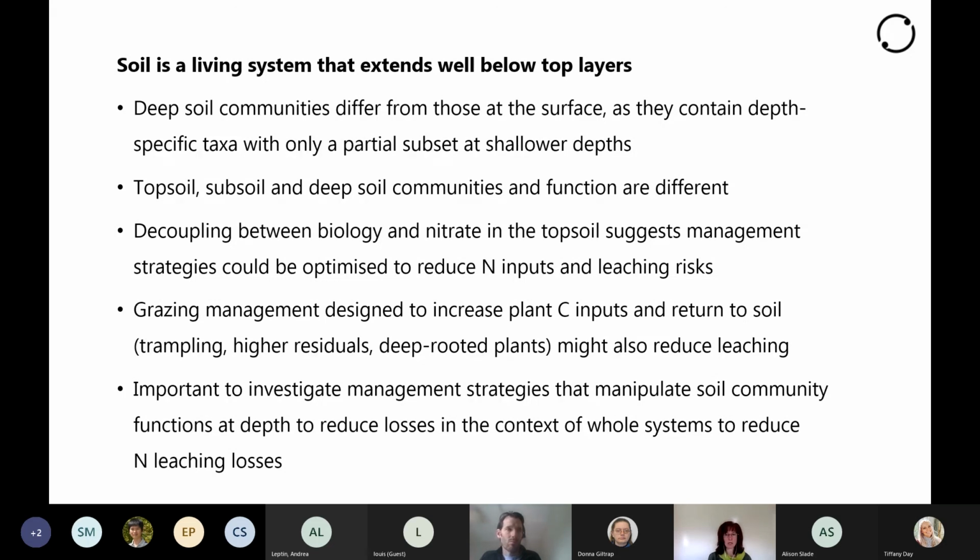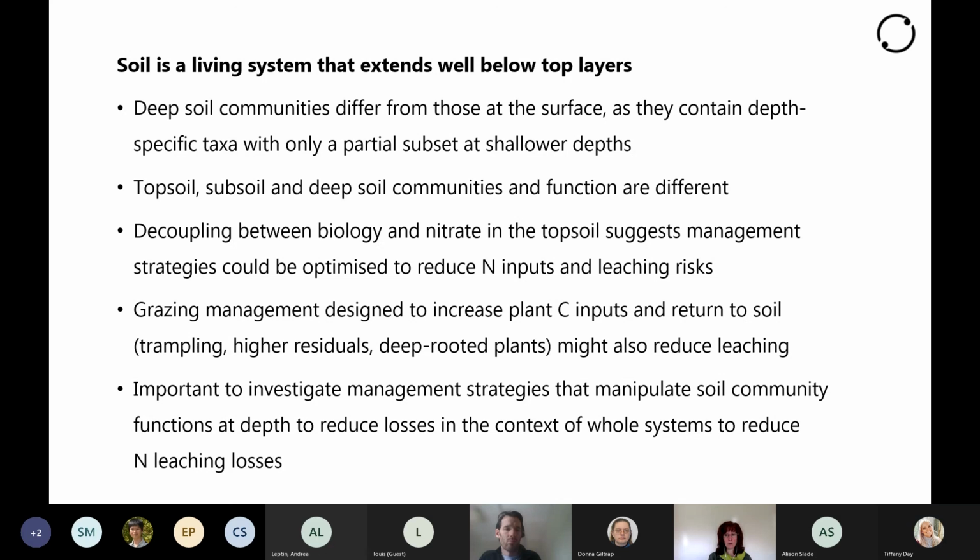And management such as the trampling that is being talked about in the media quite a lot with regards to regenerative agriculture, for example, and leaving higher residuals where you have a greater amount of biomass above ground and therefore greater likelihood of carbon allocation below ground, that also might reduce leaching, but we don't know because we haven't got the data to say that.